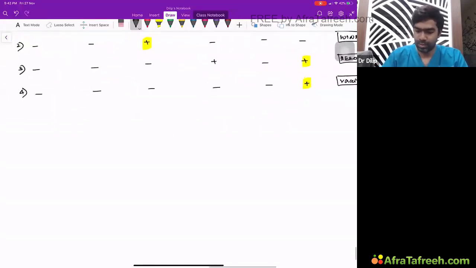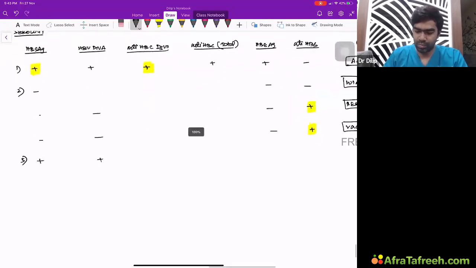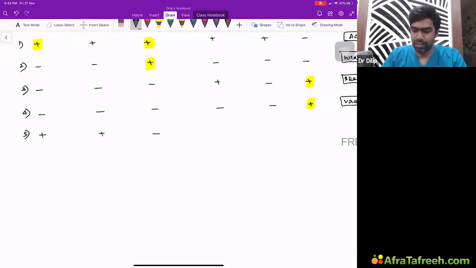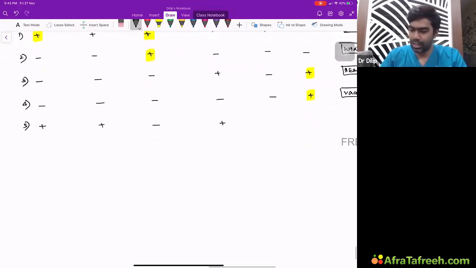Okay, cool. Number five, I can tell you: HBsAg positive, HBV DNA positive, anti-HBc IgM negative, anti-HBc IgG positive, HBeAg positive or negative doesn't matter, and anti-HBs negative. So what is this?